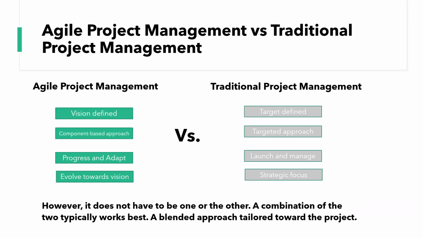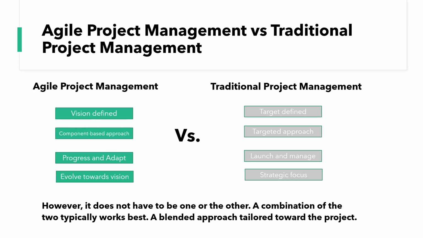On this slide, I'm presenting the key differences between Agile Project Management and traditional project management. Bear in mind, this is not every difference, but it shows you the key differences. On the left-hand side, with Agile Project Management, the overall vision is defined, whereas in traditional project management, a very specific target is defined.